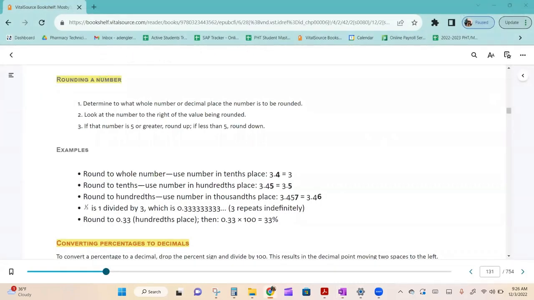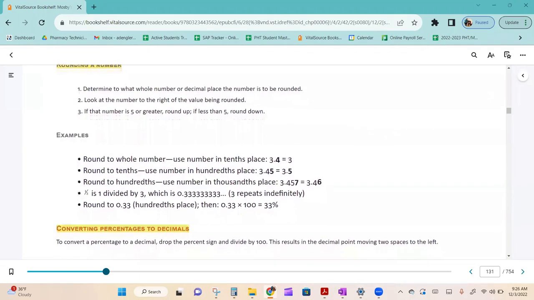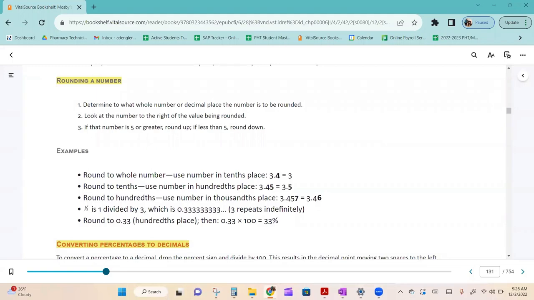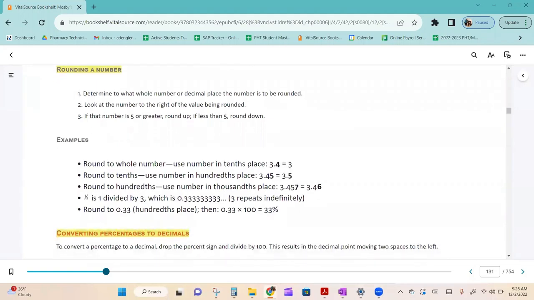Okay, so rounding a number. First we're going to determine to what whole number or decimal place the number is to be rounded. In the assignments, if they want you to round to a certain decimal place, they will tell you. Look at the number to the right of the value being rounded. If that number is 5 or greater, round up, or if it's less than 5, round down.